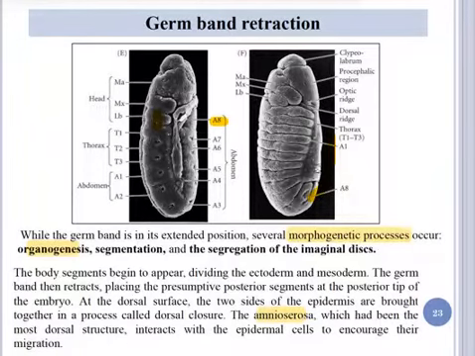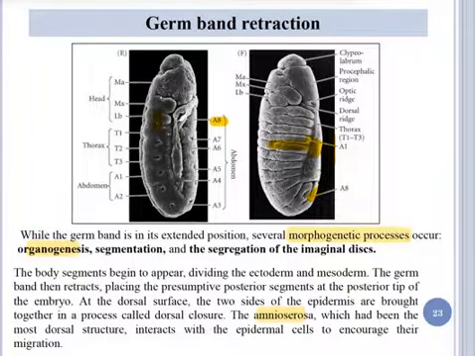This is the amnioserosa. It's located dorsally and it should not be naked. It should be covered by ectodermal cells. That's why we have movement of those ectodermal cells dorsally to cover up this amnioserosa, okay.